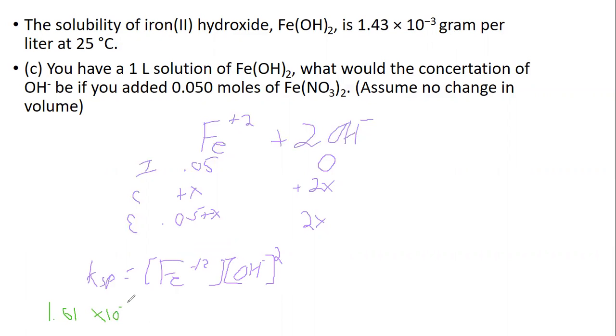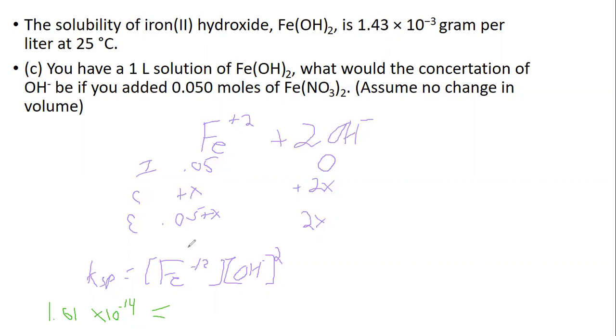All right, our good old friend, the 5% rule, comes in here. Ksp is really, really small, which means barely any iron or hydroxide is going to dissociate out of this and become ions. So when we look at the amount of iron in solution, even though at equilibrium it's 0.05 plus x, x is going to be absurdly small.